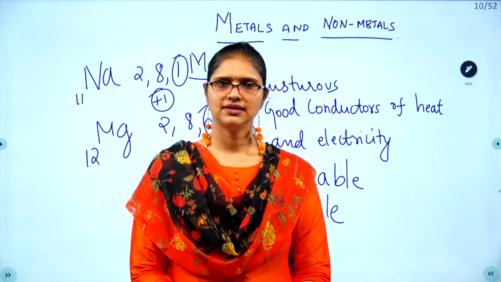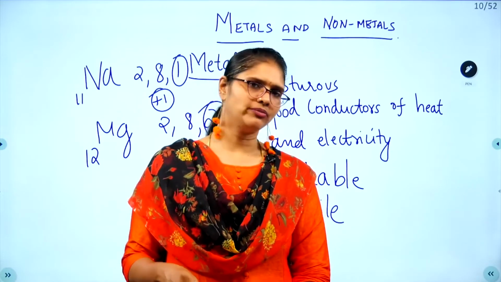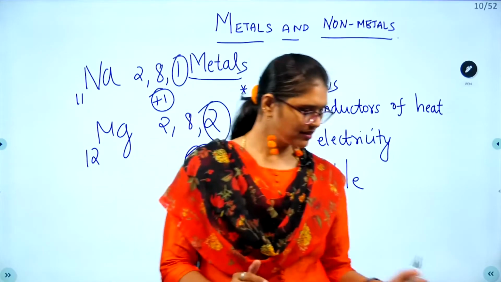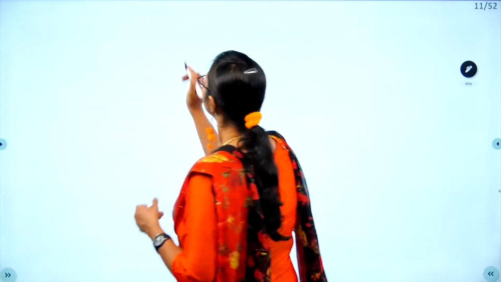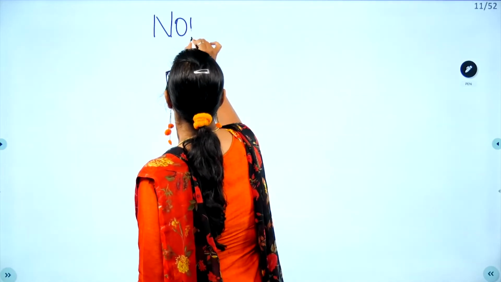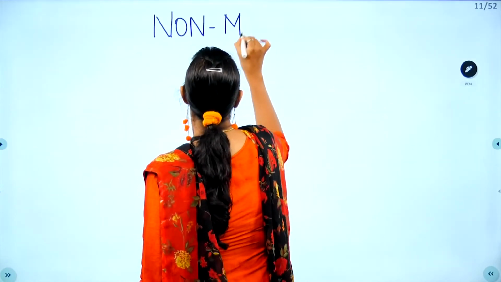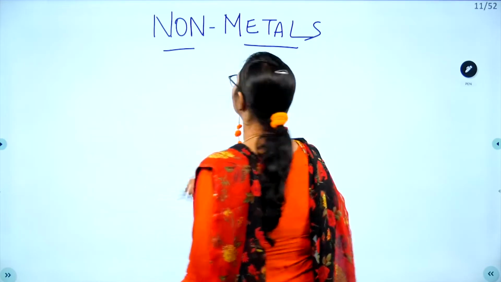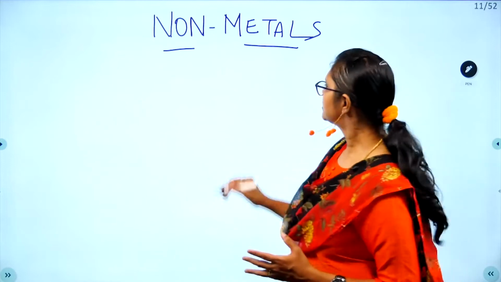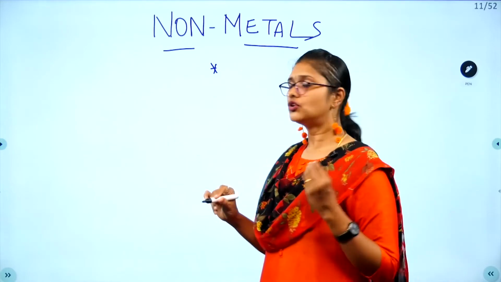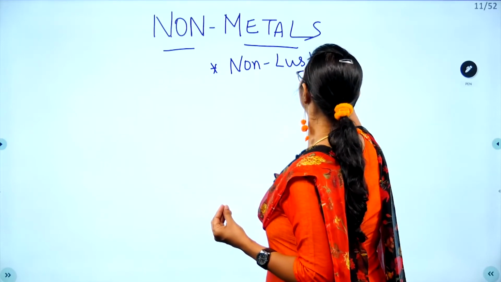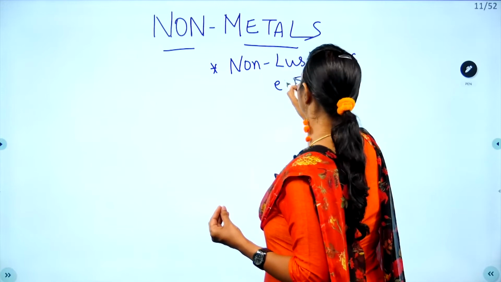Alright. Yes. And now let us see non-metals. What are their properties? And then we will see the difference between them. Alright. So the next thing we are going to see is non-metals. So non-metals, they are non-lustrous, except, what is the exception?